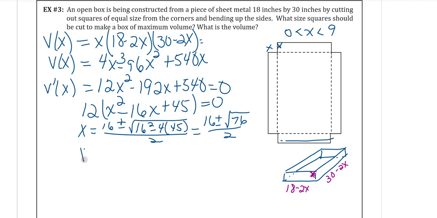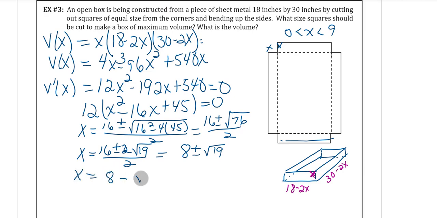And that simplifies to x equals 16 plus or minus 2 times the square root of 19 over 2. So I get 8 plus or minus the square root of 19. Now I have to use the one with the minus, so my only answer is x equals 8 minus the square root of 19. Otherwise, I would be past my constraint.